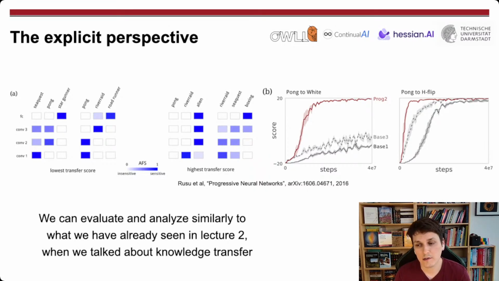So let's take a look at a specific example on the very left, where you have a sequence of first Seaquest, then Pong, and then Star Gunner. And you can see that in the three columns on the x-axis, with the convolution layers 1, 2, 3, and the last fully connected layers, it does in fact seem to be the case that in order to play Star Gunner, you leverage the representations in the convolutions from Seaquest and Pong quite heavily, in contrast to the white, basically rather obsolete, newly added representations that you may not really require to learn in order to now play Star Gunner.